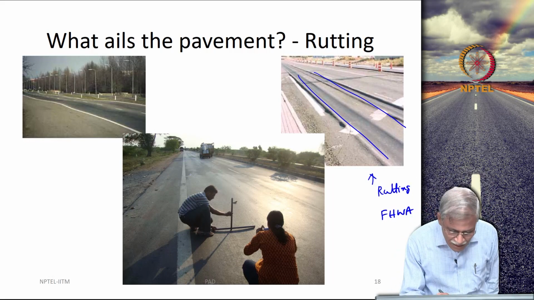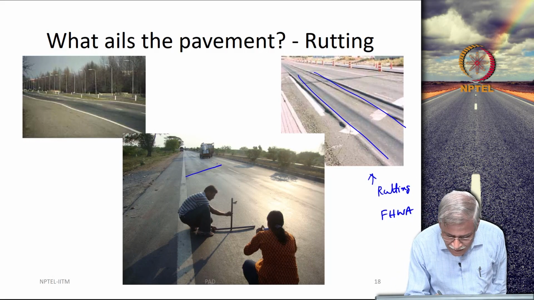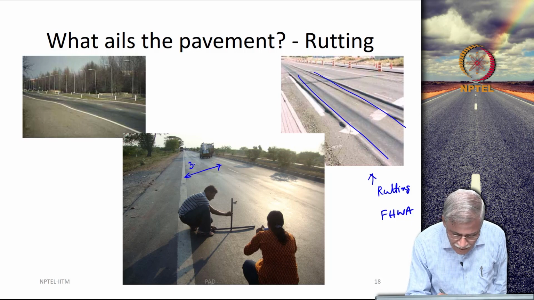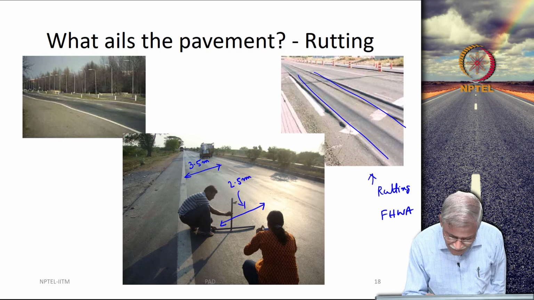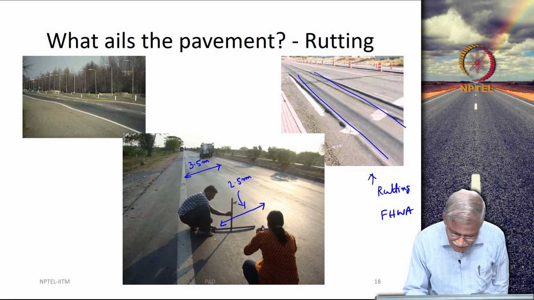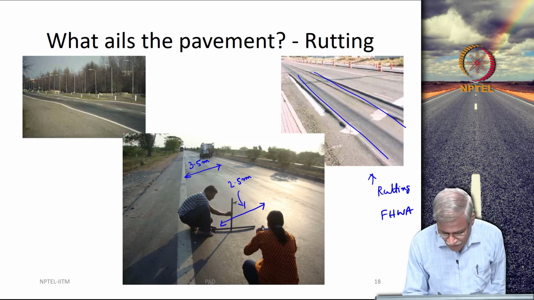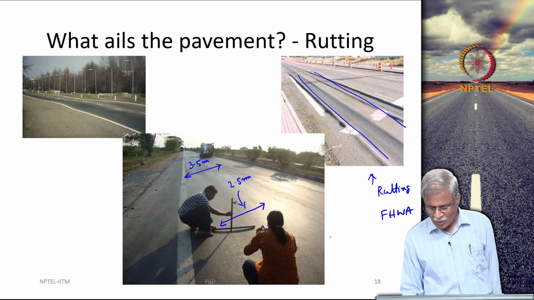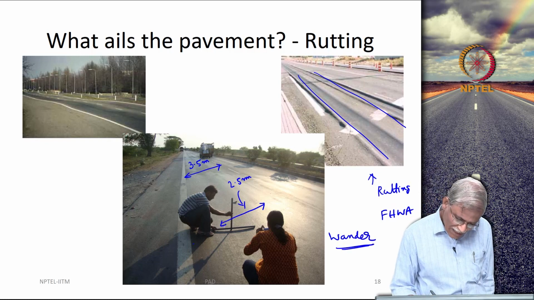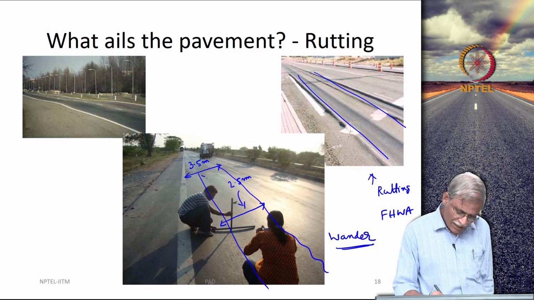So, there is a lane here, let us say 3.5 meters, and this could be roughly 2.5 meters. Typically when you are driving, the driver will position his vehicle, let us say, half a meter from the lane edge and another half a meter from the other lane edge. This has something to do with what is really called vehicle wander. So, you are going to see that there is going to be considerable rutting here.